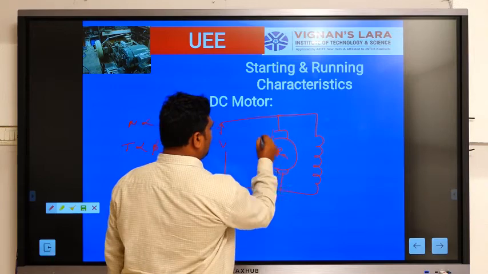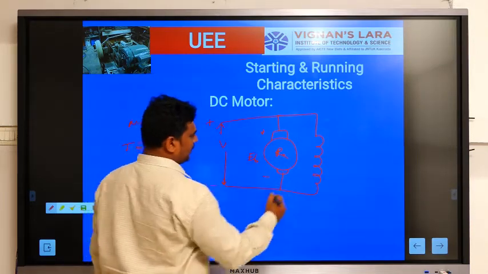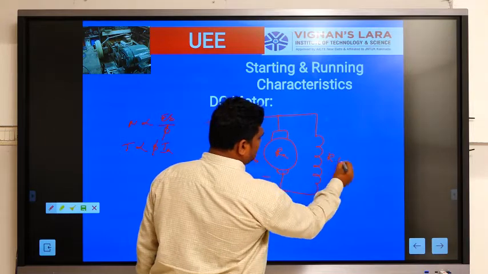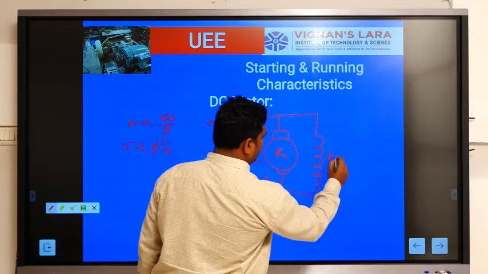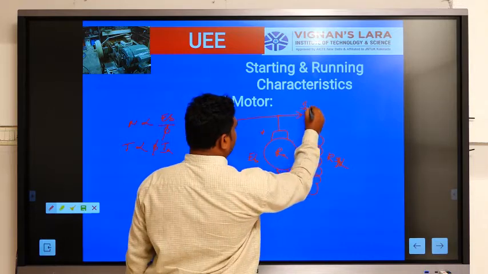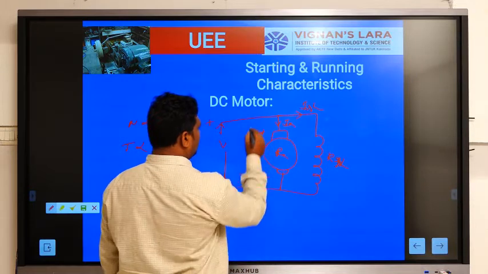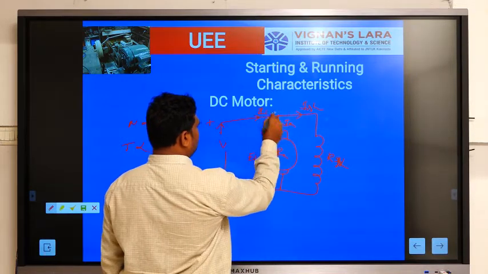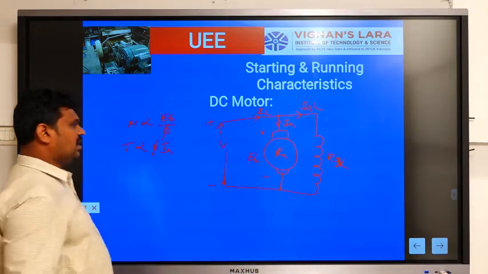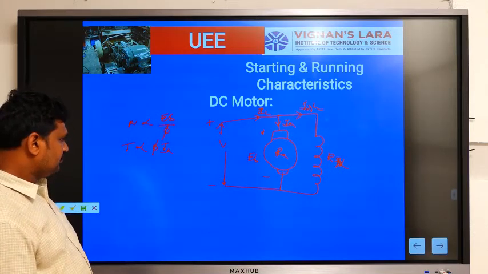It is Ra, and the armature has the back induced EMF EB, and it has the field resistance RSH. RSH is the field resistance. Now the field current is ISH. Now armature current IA is the load current. Now our supply current IL is the supply current.